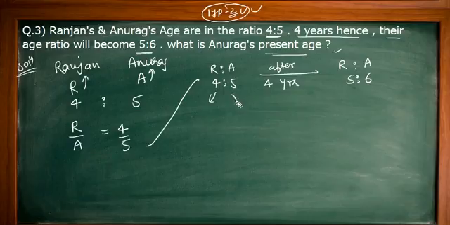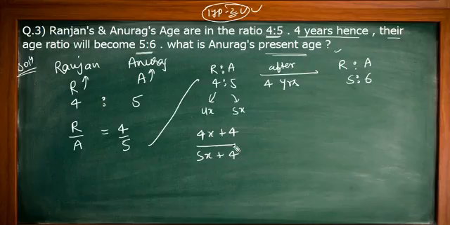So let's assume they are 4x and 5x. After 4 years hence means 4x plus 4 and 5x plus 4, and it will be equal to 5:6.